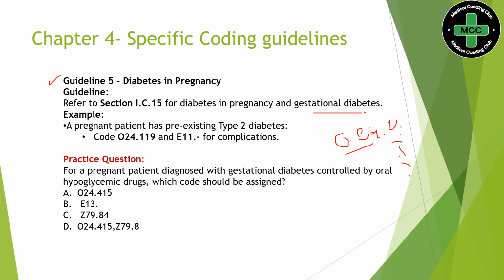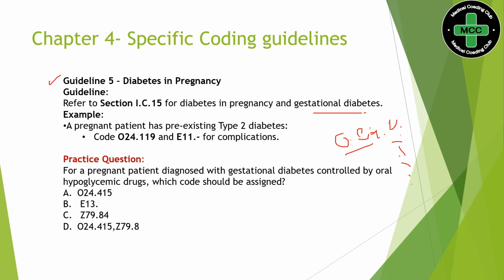We have the information in the main ICD code itself about which kind of drug the patient is using. We have the codes for gestational diabetes during pregnancy, diet controlled, hypoglycemic controlled, or insulin controlled. Likewise, in the ICD code description itself, we have the information.